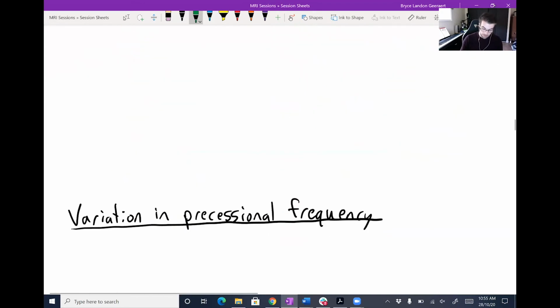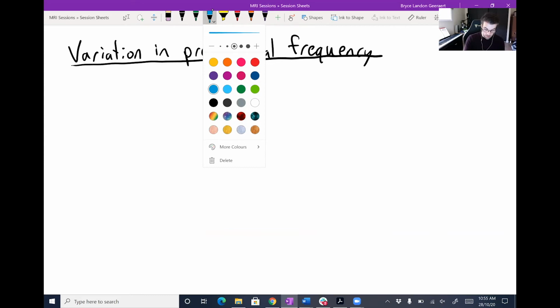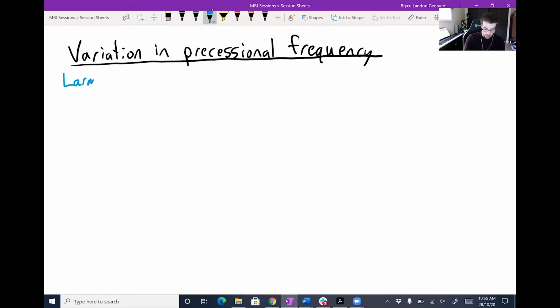All right, if that wasn't confusing enough for you, let's talk about when protons don't all precess at the same rate. So previously, I established the Larmor equation for you guys, which I'll just write again. The Larmor equation.